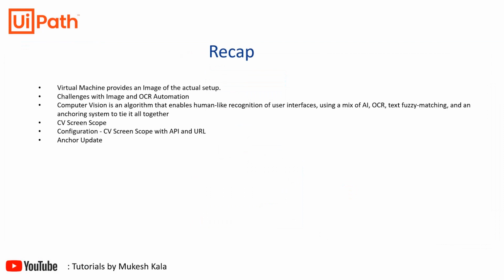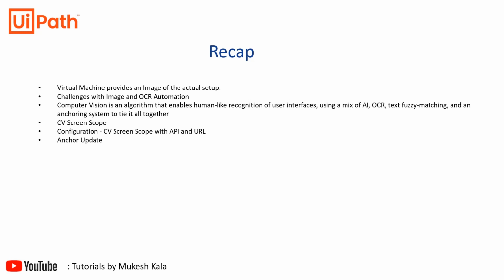Let's have a quick recap. Today we have seen what exactly virtual machines are, machines which provide the image of the actual setup. We can always use image and OCR automation, but it has its own challenges and limitations. There is an algorithm called computer vision that enables human-like recognition of user interfaces using a mix of AI, OCR, text fuzzy matching, and the anchoring system.